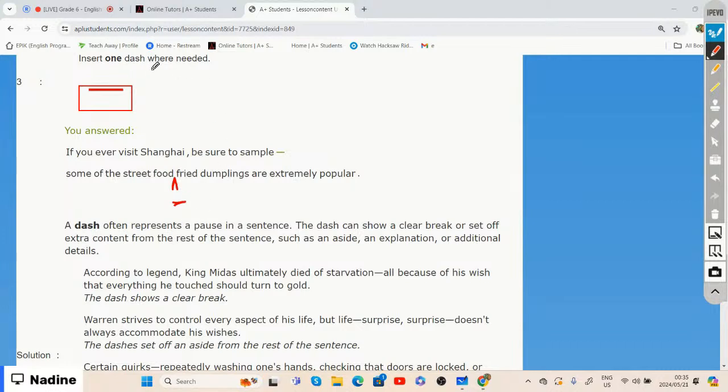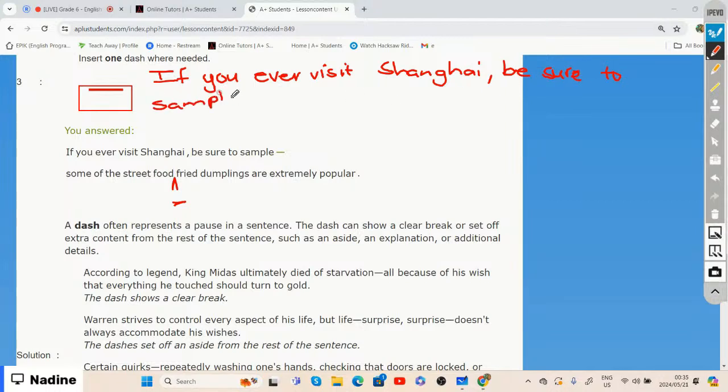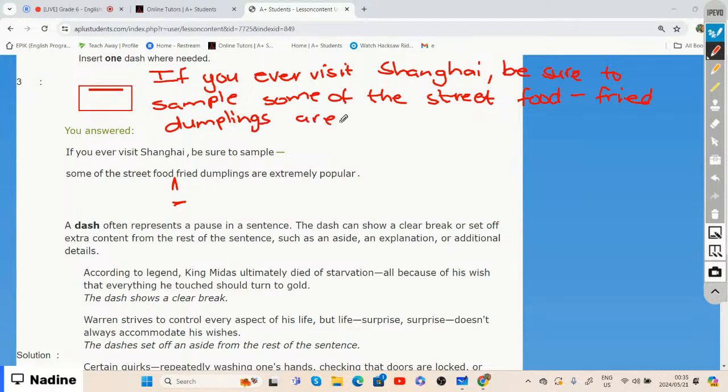So if we rewrite that whole sentence, it says, if you ever visit Shanghai, I'm not sure if it's Shanghai or Shanghai, be sure to sample some of the street food, dash, fried dumplings are extremely popular.